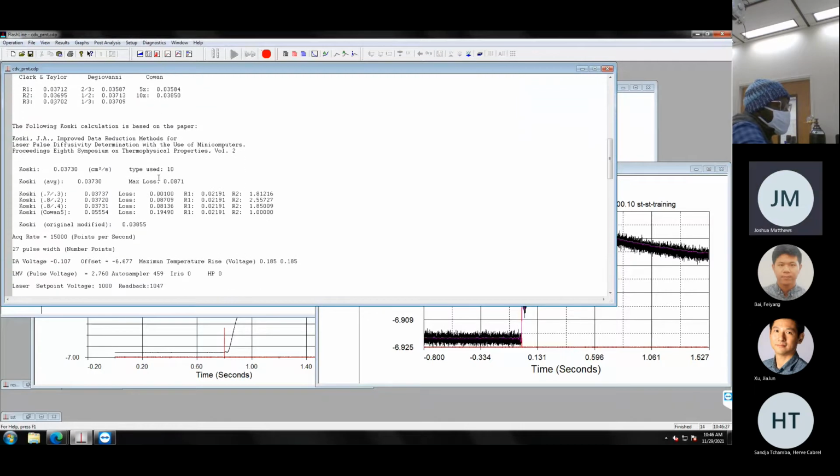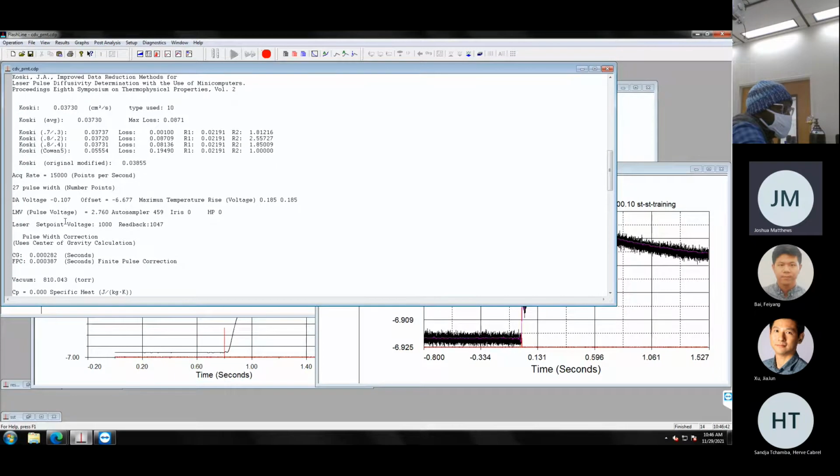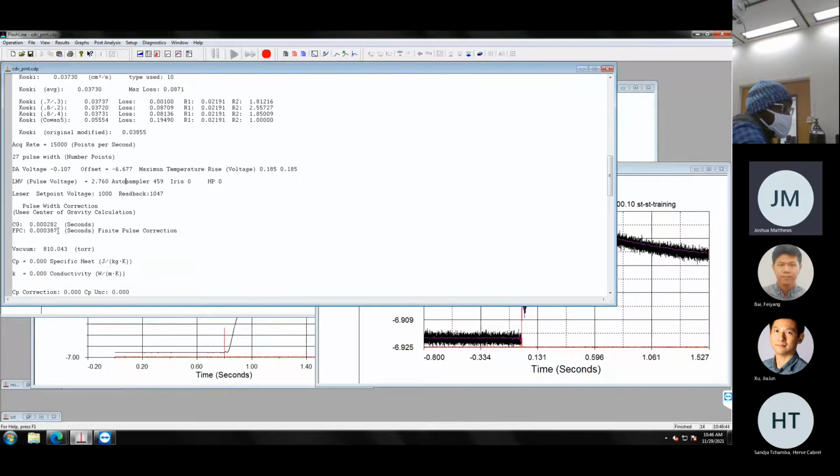But some of this is not useful. Actually, yeah, this is nice. So it gives you the maximum rise, and then it should give you the time as well. Pulse width.